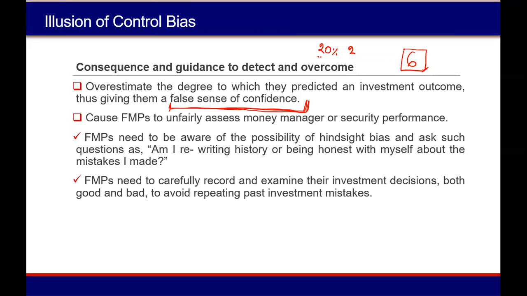It is not the case that you were 80% confident that those 2 questions would be repeated. But after getting these 6 questions in your exam, after coming out from the exam hall, you feel that I was 80% confident that these 2 questions would be repeated. Do you exhibit this kind of bias?